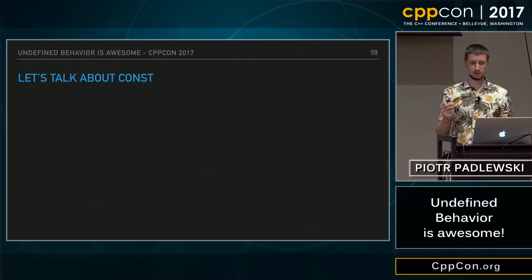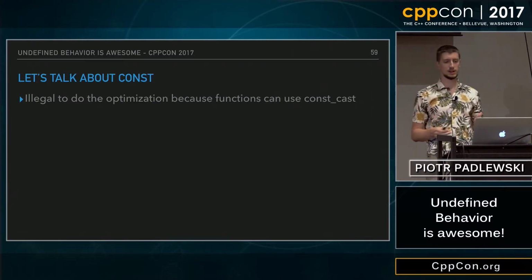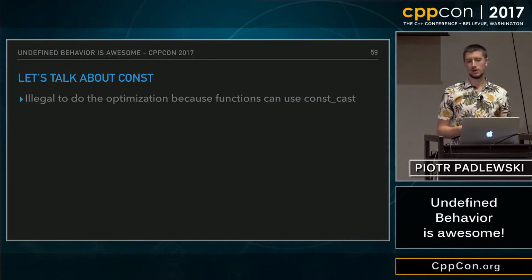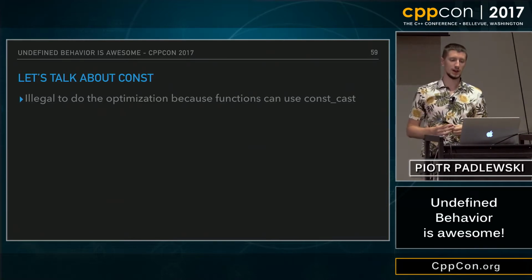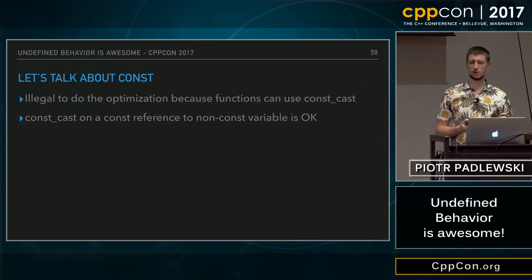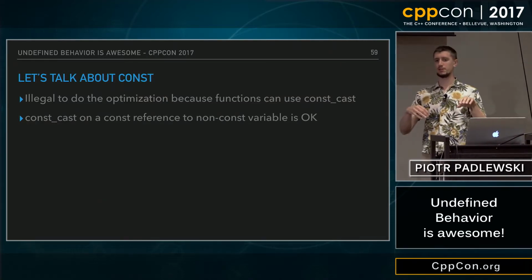Okay, so about const. It is illegal to do this kind of transformation because size could return a global, or even if it returned a member size or something, we could still const cast. A const cast on a const reference is about what the reference points to.